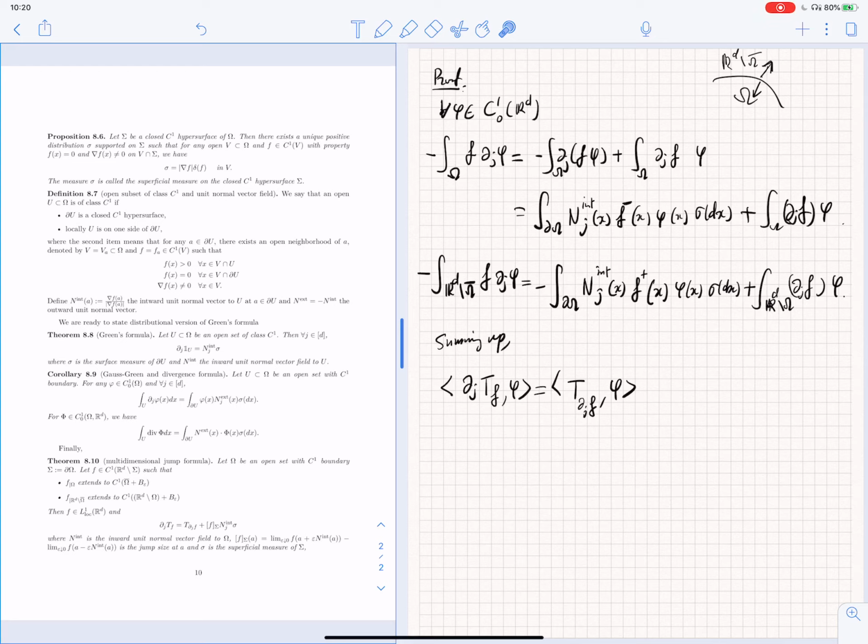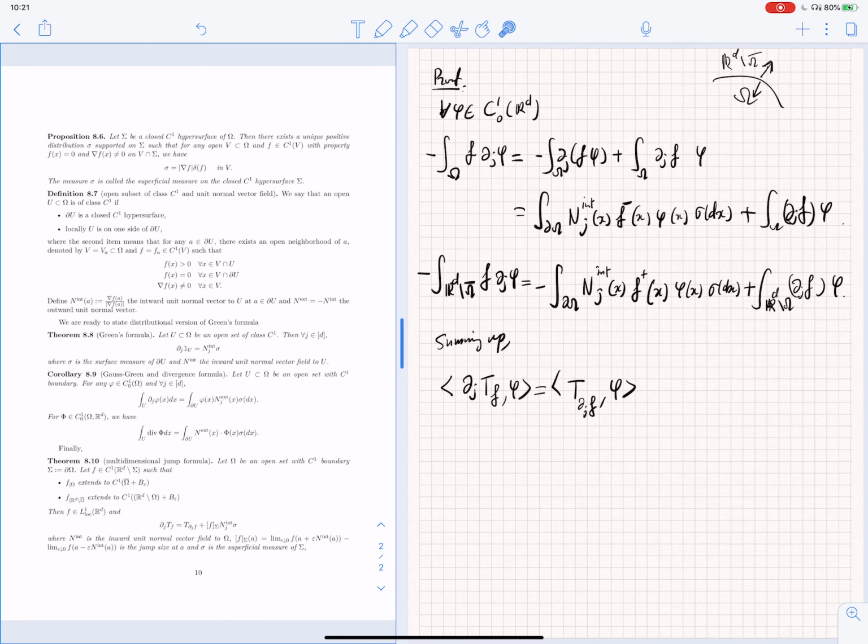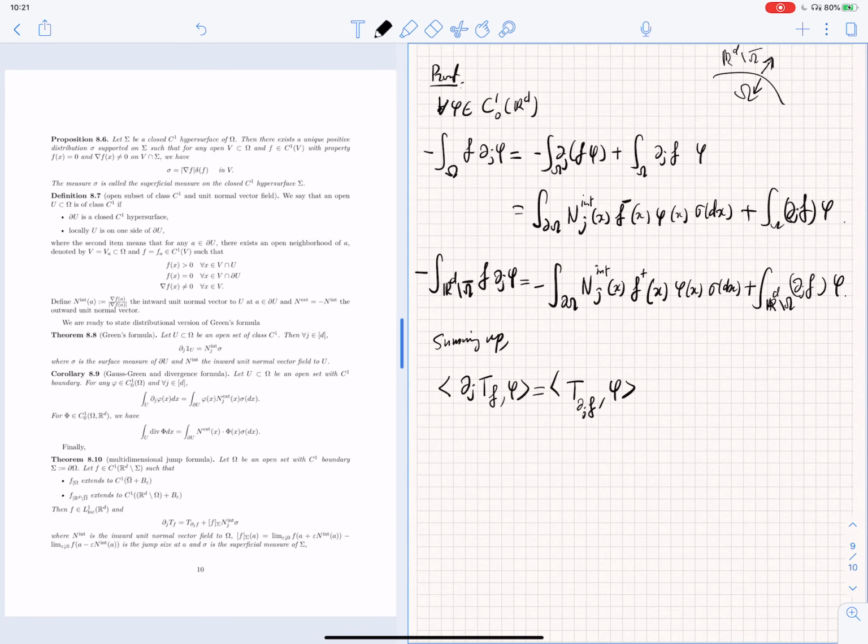But if we change the inward unit normal vector to the outward normal vector, we have plus the integral on the boundary of the j-th component of the outward unit normal vector.